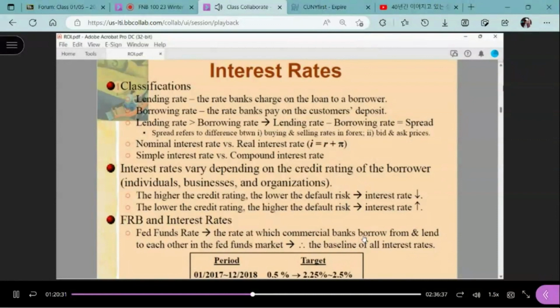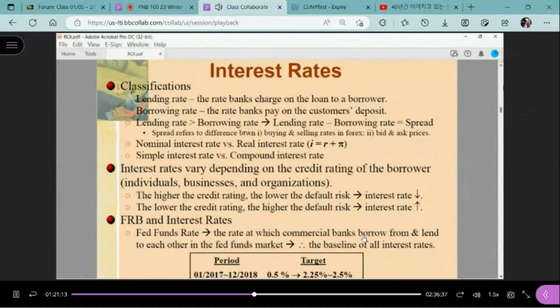There will be a difference between the lending rate and the borrowing rate, because as I said, no matter who you are, when you put your $10,000 in the bank, you'll get just about 0.1%. No matter who you are, regardless of, most of all, your credit score, right? But when you are borrowing from the bank, when you are the borrower, then the interest rate will vary depending on who you are.